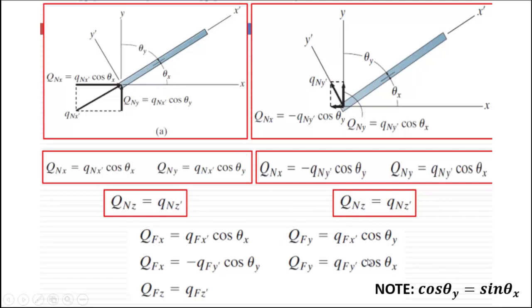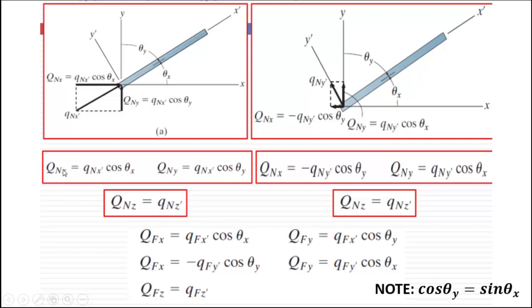Note that the value of cosine theta y is the same as sine theta x. So once you see cosine theta y here, you can just switch that with sine theta x. So you can now get capital Q N X and capital Q N Y. These are the global member forces for the near end.